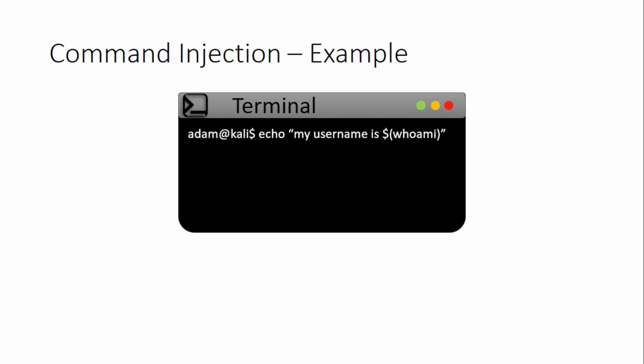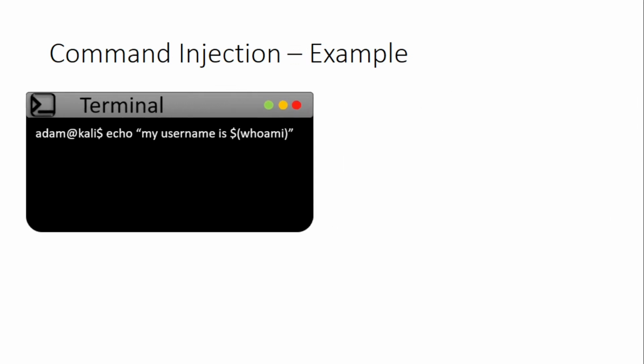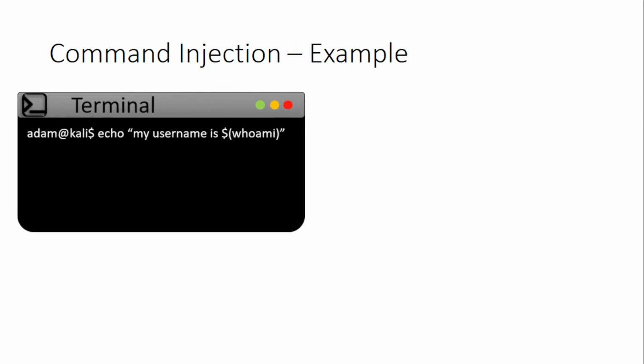There is a thing we can take advantage of, a feature called inline commands. Here in this command we have echo, then my username is, and whoami. What it ends up doing is the whoami command is executed first.